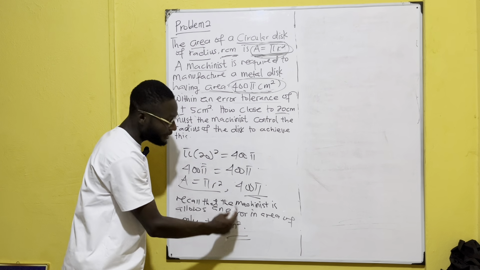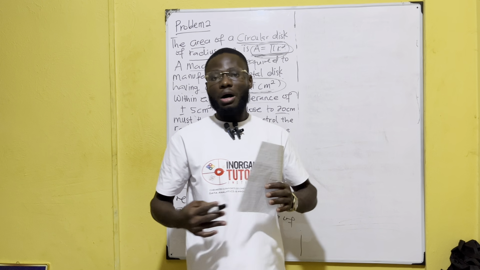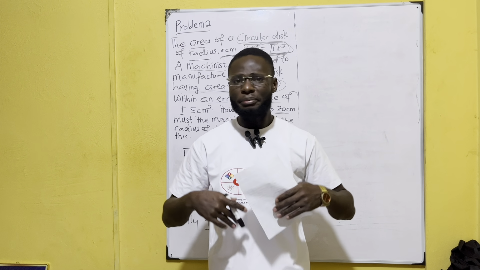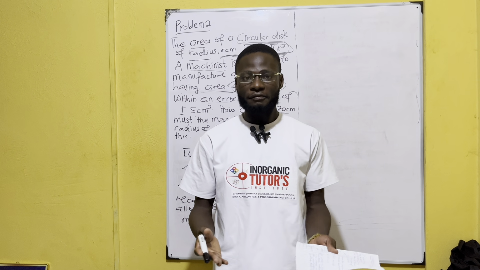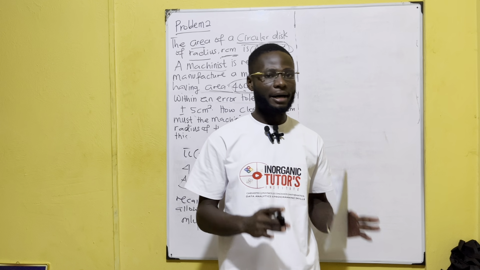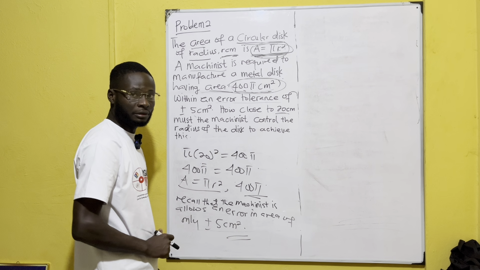So this statement is basically telling us that the actual area can be between 400 pi minus 5 and 400 pi plus 5 because of this condition, right?